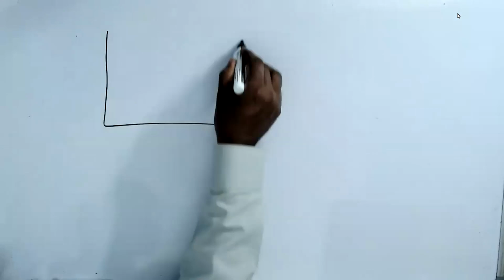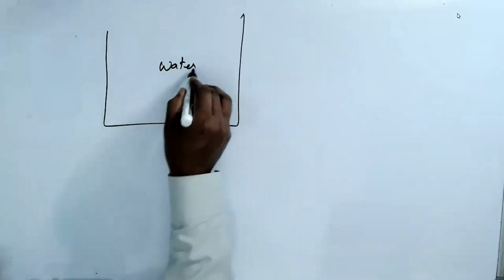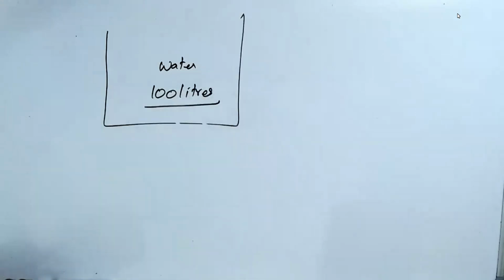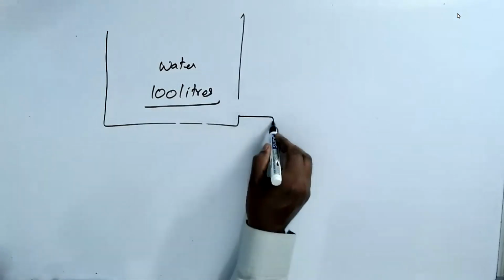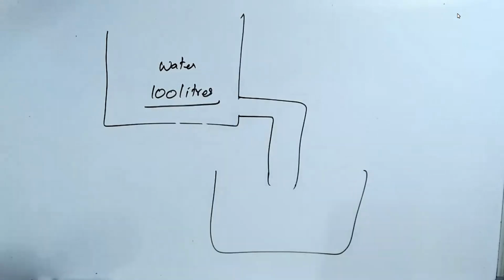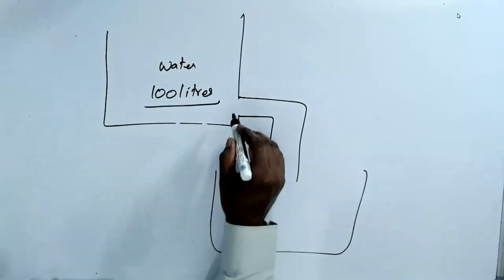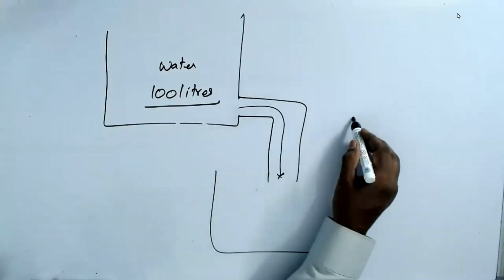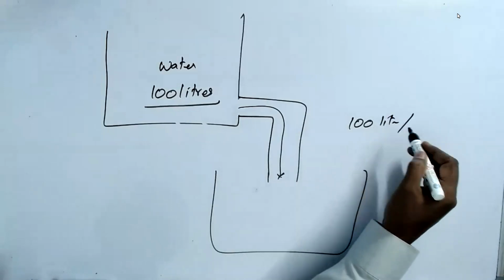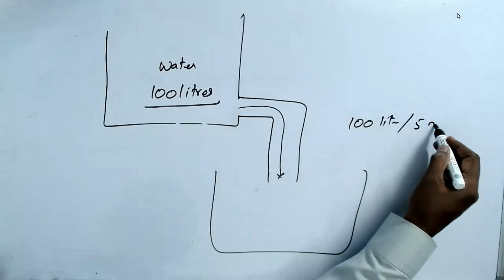Think for a minute. I have water of 100 liters, and I open a pipe and I have a vessel here. Now, the water can come here, 100 liters, in 5 seconds.